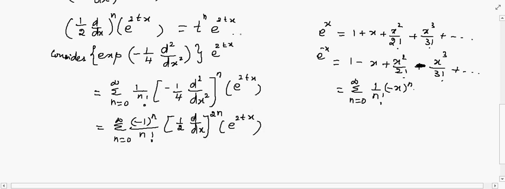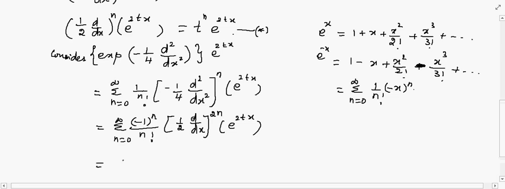Okay, here in this step star, we have proved that 1 by 2 into d by dx of whole power n e power 2tx equal to t power n e power 2tx. So here in the place of n, we are having 2n.